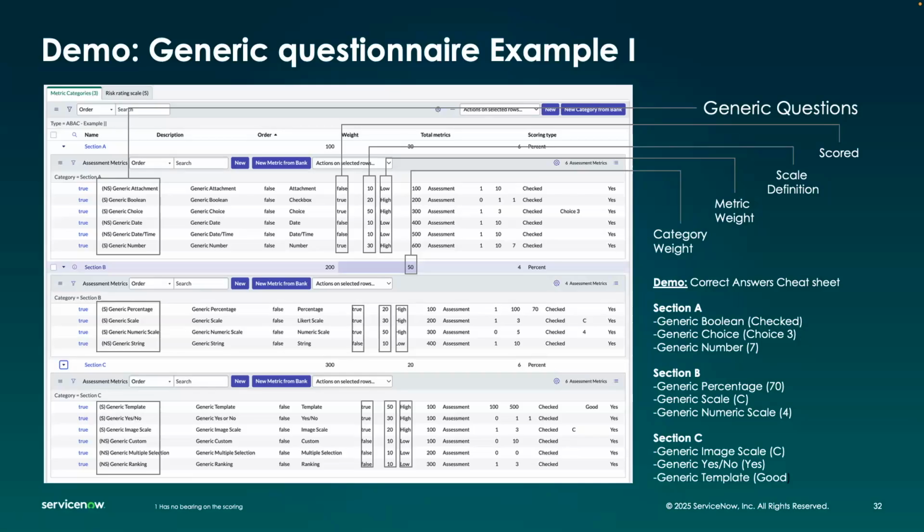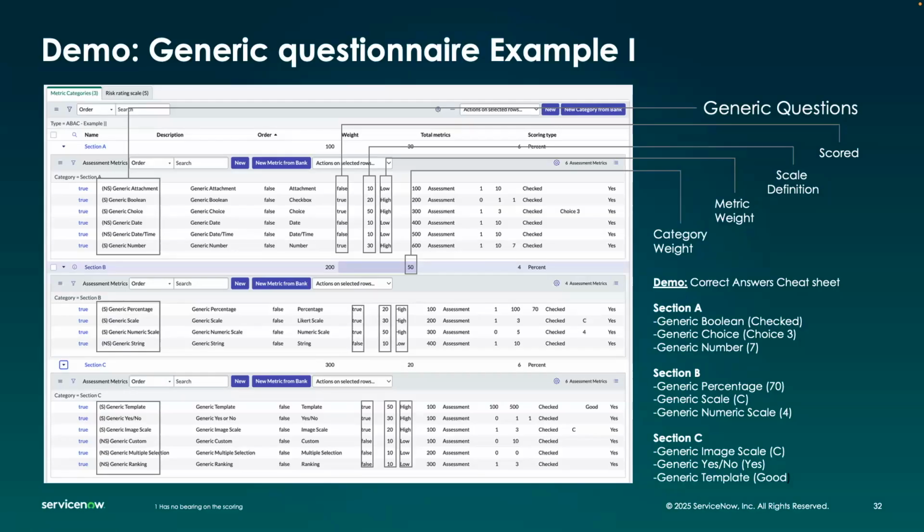Likewise, I have the entire cheat sheet for this questionnaire that we are going to be using to create questionnaire or assessment instances. We can review the cheat sheet here. Let me quickly run through this. So again, this is the correct answers cheat sheet. In section A, we have generic Boolean, checked of course is correct.